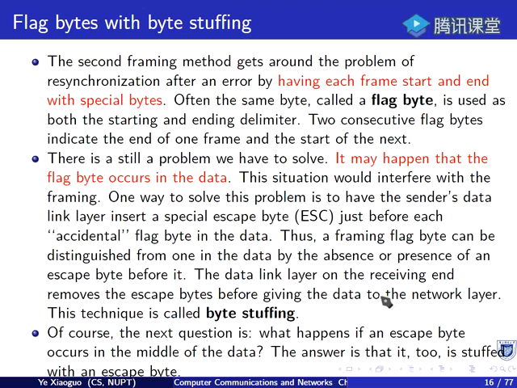The data link layer on the receiving side removes the escape bytes before giving the data to the network layer. This technique is called byte stuffing. Byte stuffing is used to deal with the problem when flag bytes occur in the data.